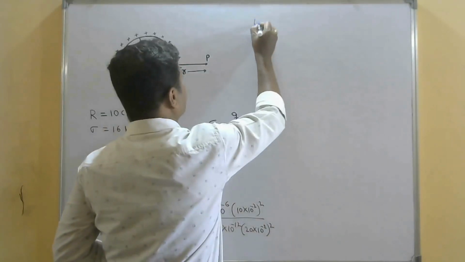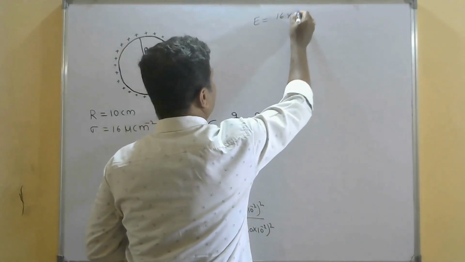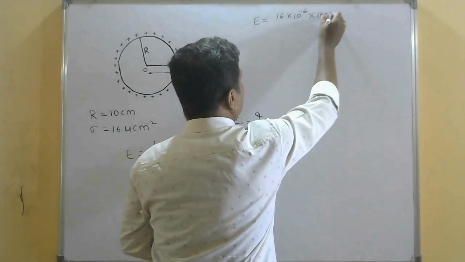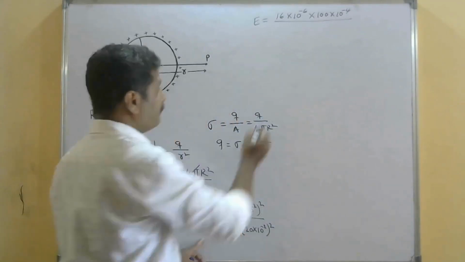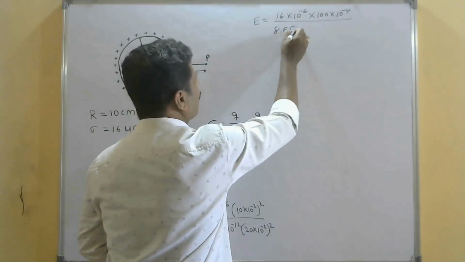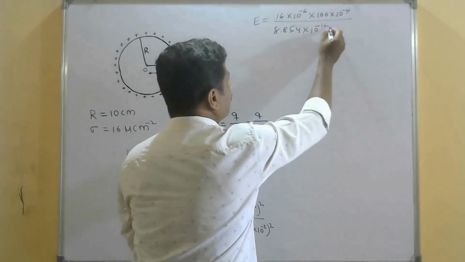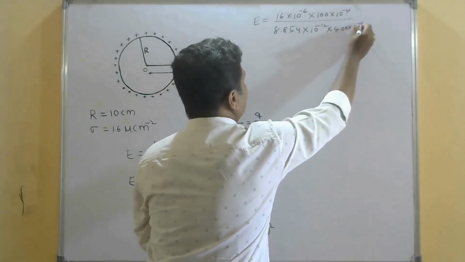On simplifying this, we get 16 into 10 raised to minus 6, times 10 square which is 100, times 10 to the power of minus 4, divided by 8.854 times 10 to the power of minus 12, and here 20 square is 400 into 10 to the power of minus 4.